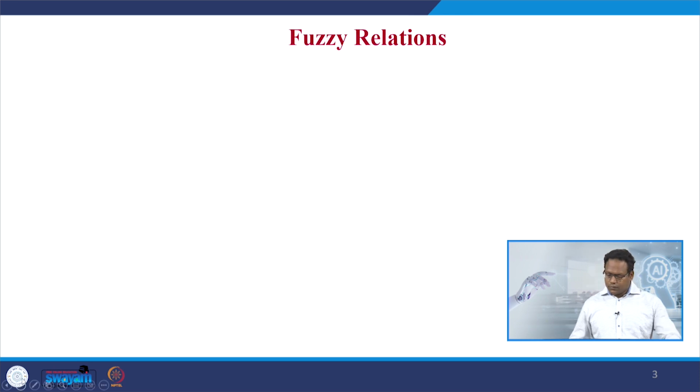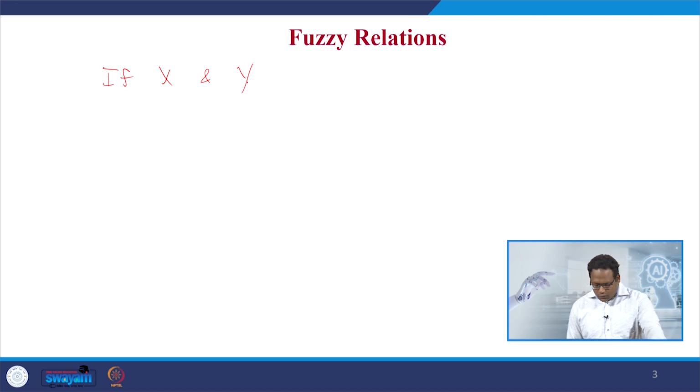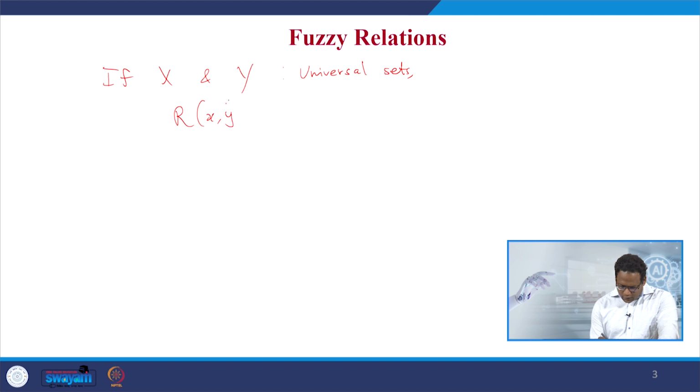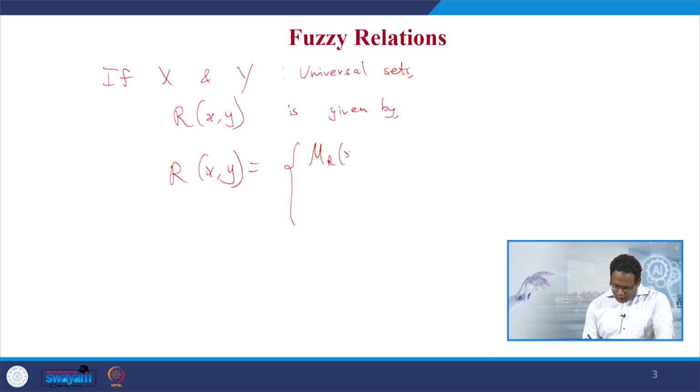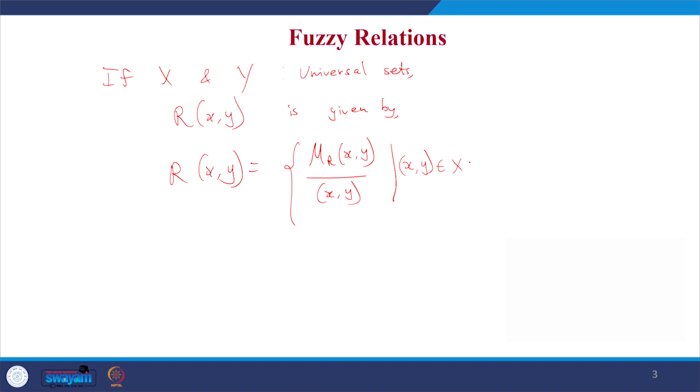Now coming to the fuzzy relations, let us talk about that. If x and y are two universal sets, the fuzzy relation R of x comma y is given by R of x comma y equal to mu R of x comma y upon x comma y, such that x comma y belongs to x cross y, that is the set involving the universal sets x and y.